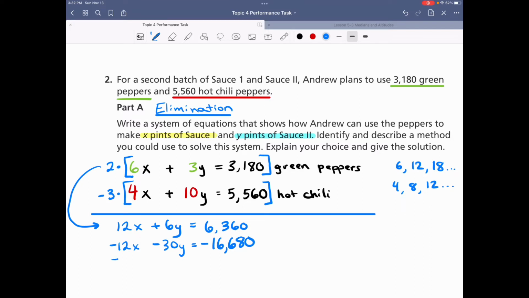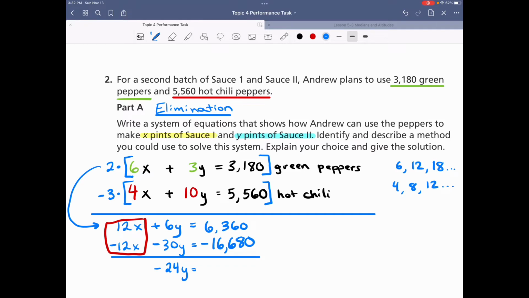Now I want to combine these equations. So I'm going to eliminate. And the 12x and the -12x cancel. 6 and -30. Since one is positive and one is negative, I'm going to subtract. And I get -24y. And then same thing with the 6,000 and the -16,000.